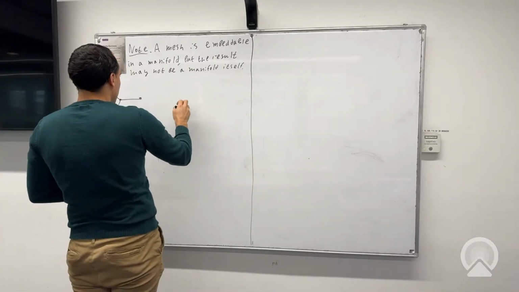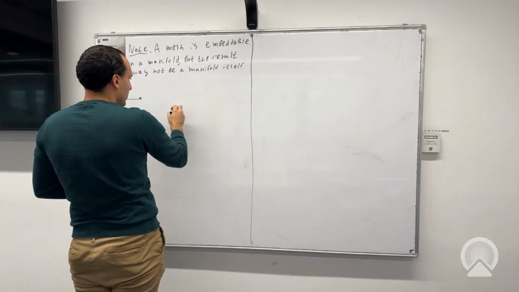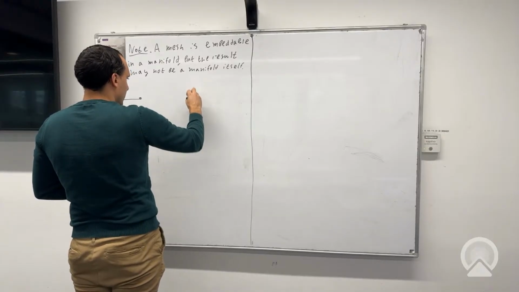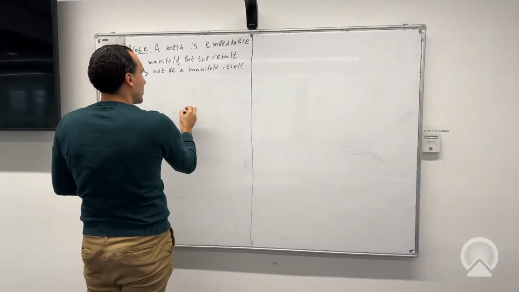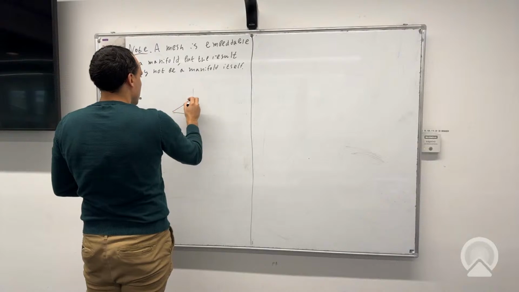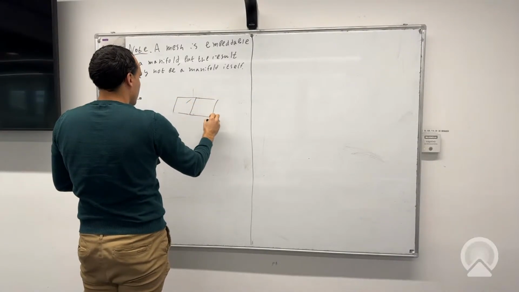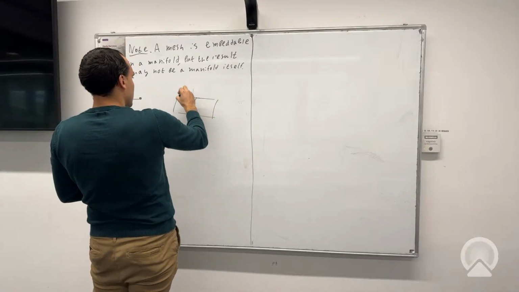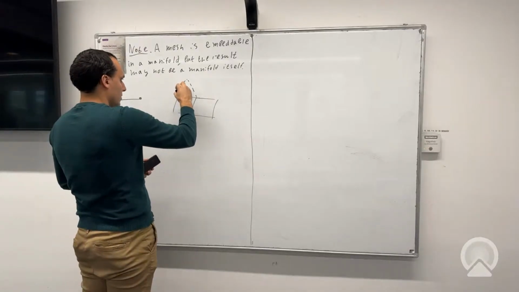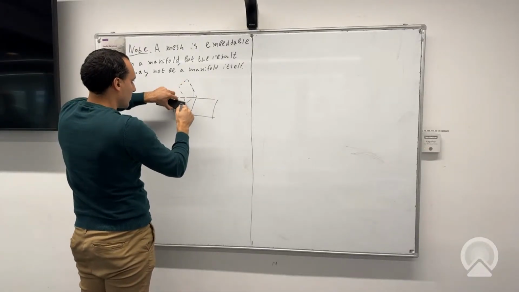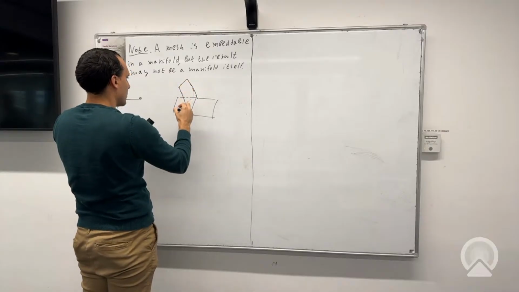Some counterexamples for a 2D mesh would be something that is not embeddable. So things like that. And now maybe something like that. Maybe this should be seen, and this is not seen.